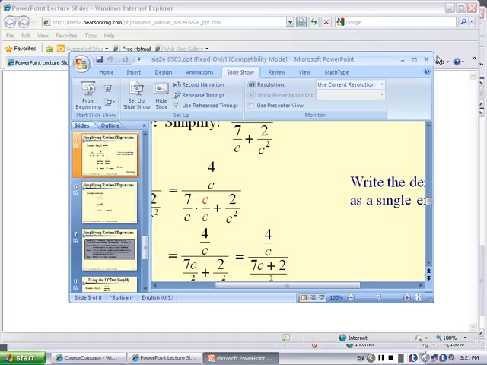Do you know why you get 7c? Because c squared is c squared over 1, right? This c will go into that c, so you have 7c. How about this? C squared over 1. So this c squared and that c squared will be divided out. So what do you get? 2. So you get 4c over 7c plus 2. Yay! You got the same answer. Aren't you getting the same?